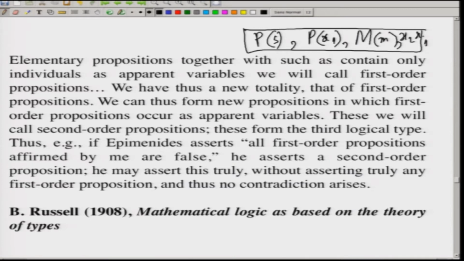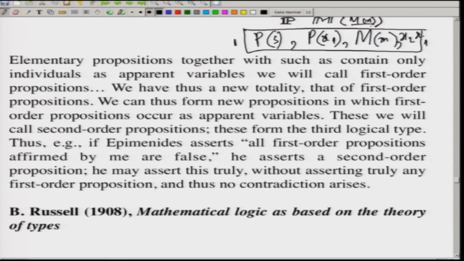Now, what is the secondary proposition? If they are level one, then the secondary proposition will be something like P, this very special P or this very special M, which will now talk about Mx, a primary proposition.